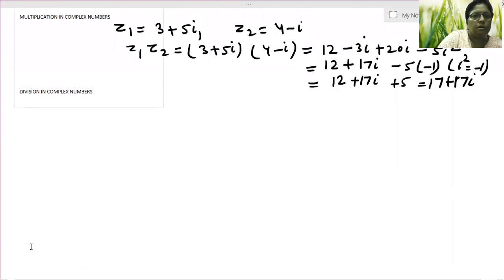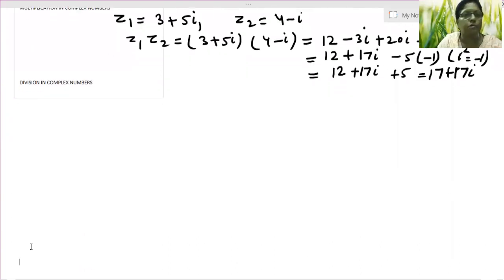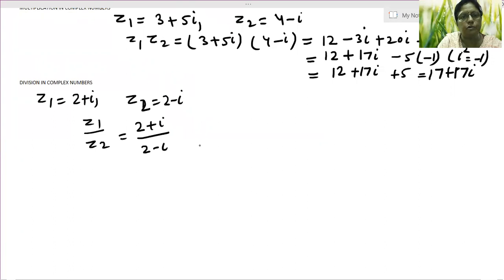So, okay, let's take two numbers. z1 is equal to 2 plus i and z2 is equal to 2 minus i. So try to find out z1 upon z2. So this is 2 plus i upon 2 minus i. First of all, multiply numerator and denominator by its conjugate.